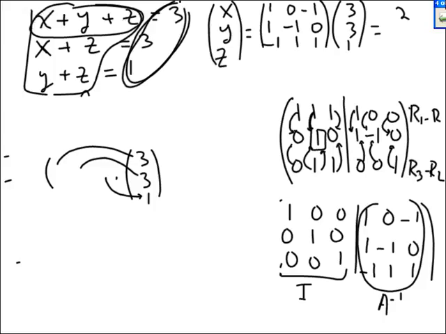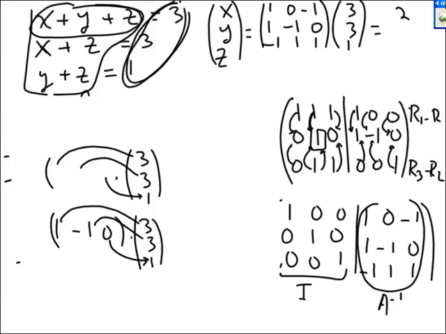X is 2. We take the second row and we dot it with the only column. We get 3 minus 3, which is 0, plus 0 is still 0. We take the third row, dot it with the first and only column.